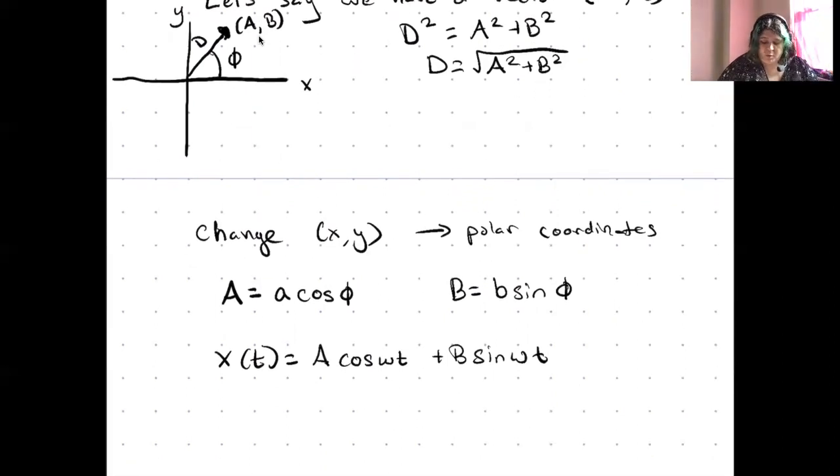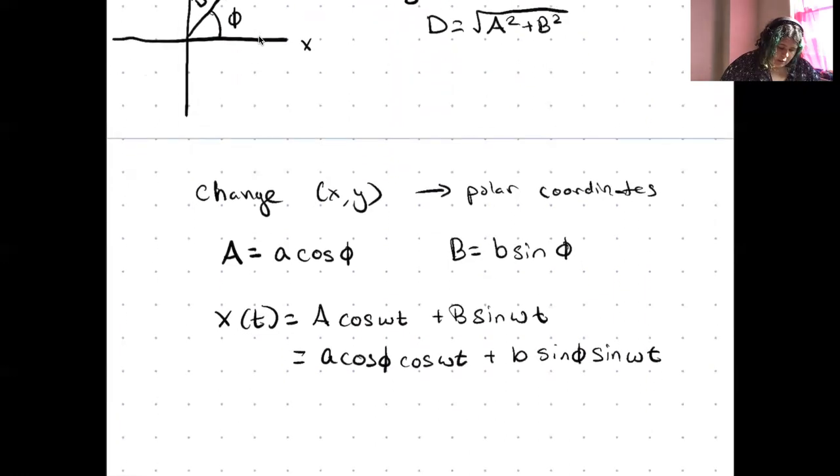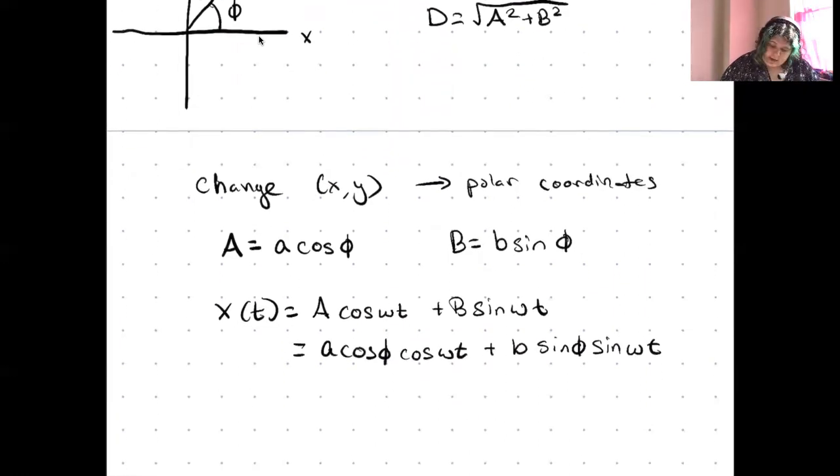So I'm going to change my coordinates here, and say big A is going to be little a cosine phi, and then I still have cosine omega t, and big B is going to be little b sine phi sine omega t. I messed this up again. That's okay. We're going to backtrack one second. I made a mistake here.